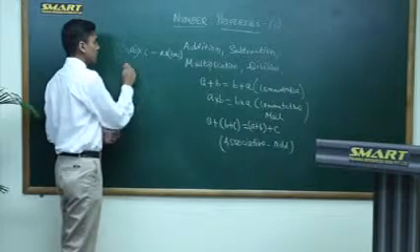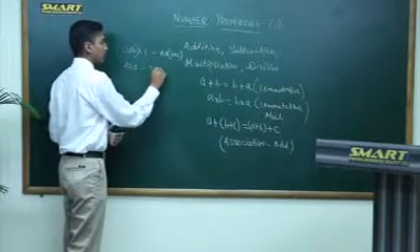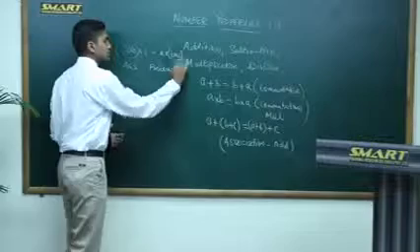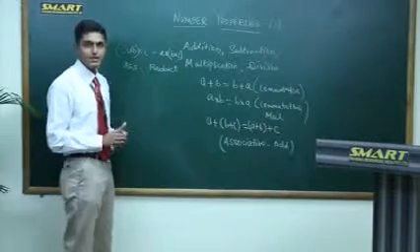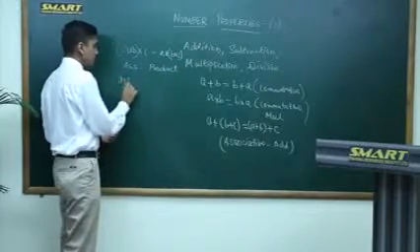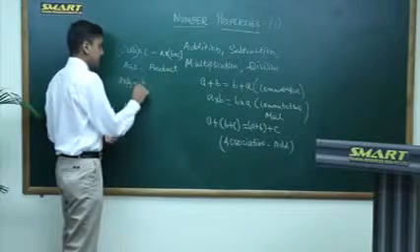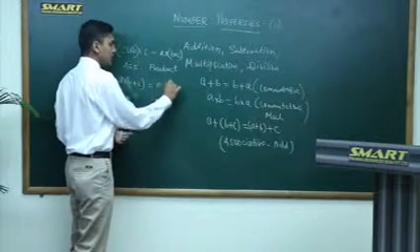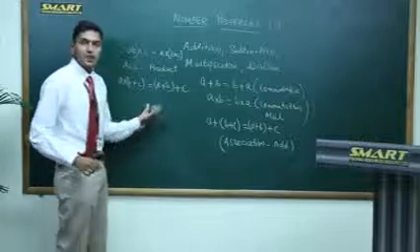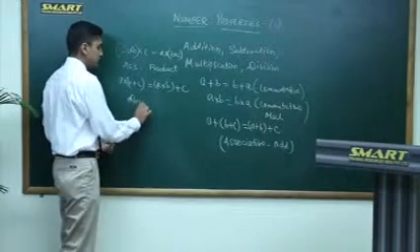And this law is called the associative law of multiplication. And again, a into b plus c will be equal to a into b plus a into c. And this law is called the distributive law.